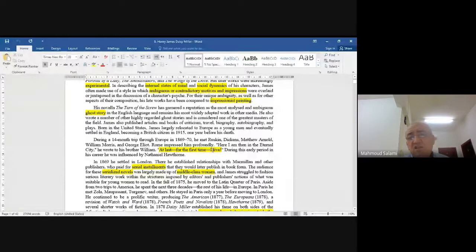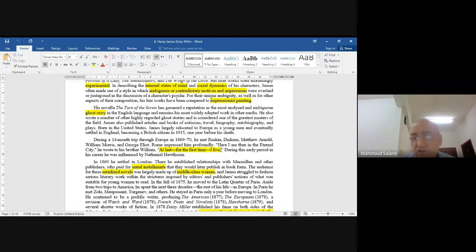When he stayed in Europe, he met many great names and many great people, masters of fiction in Europe. I mentioned here many of the big names, like Ruskin, sorry, not Russian. Ruskin as a great name. Of course, later on he met other names, like Russian writers. But here I'm saying he met names like Dickens, Arnold, William Morris, George Eliot, and so on.